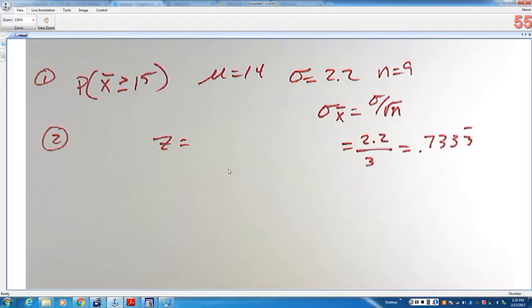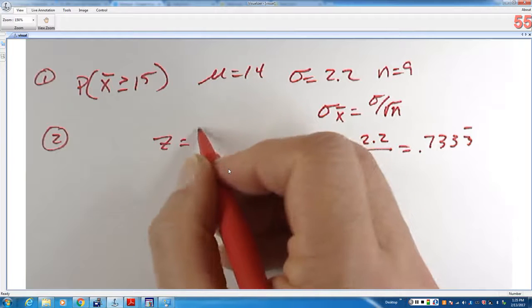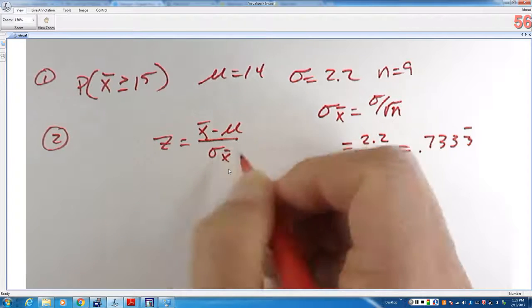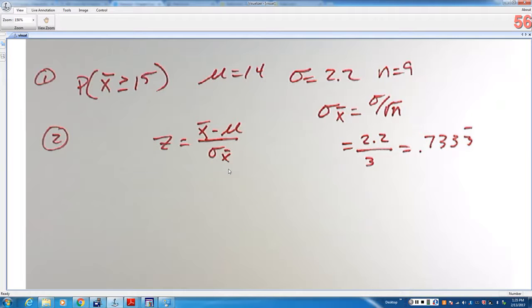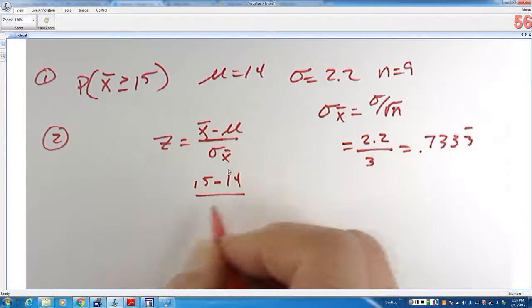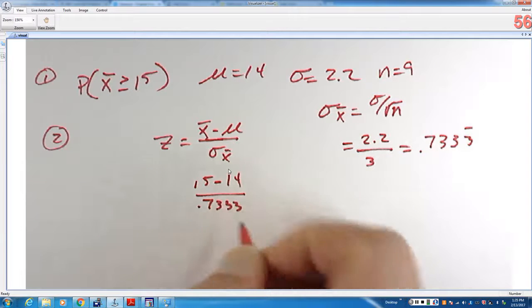Now we calculate the z-score, which is x bar minus the mean divided by the standard error. It's the same numbers: 15 minus 14 divided by 0.73 repeating.